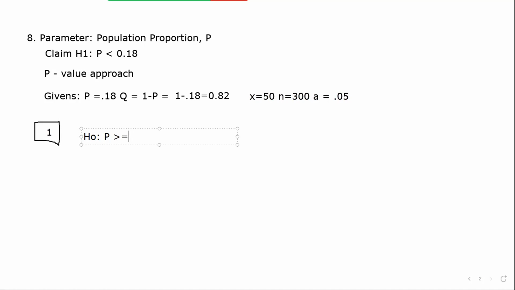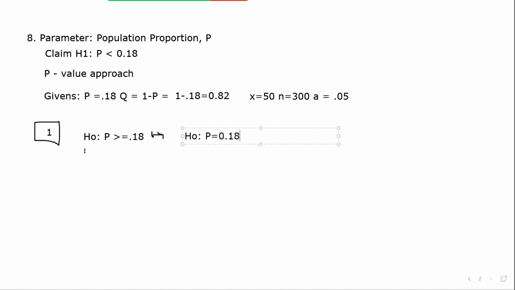And we're going to use 0.18 here. You can write your statistical equivalent for the sake of the textbook, so we're going to use our little arrow here. This is going to be H0: P equals 0.18, either way.